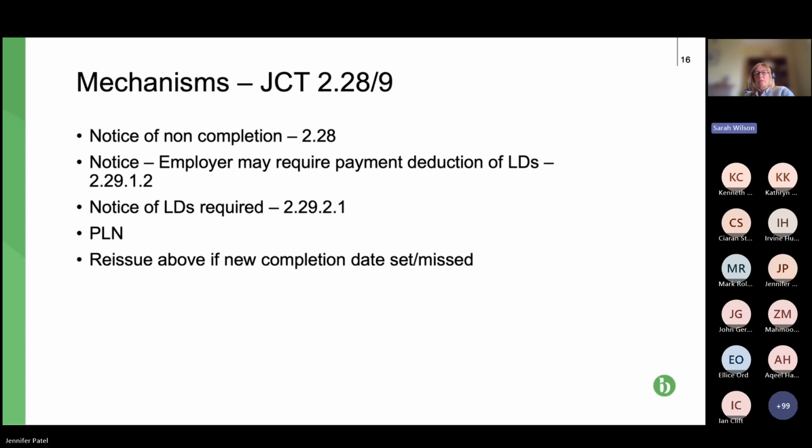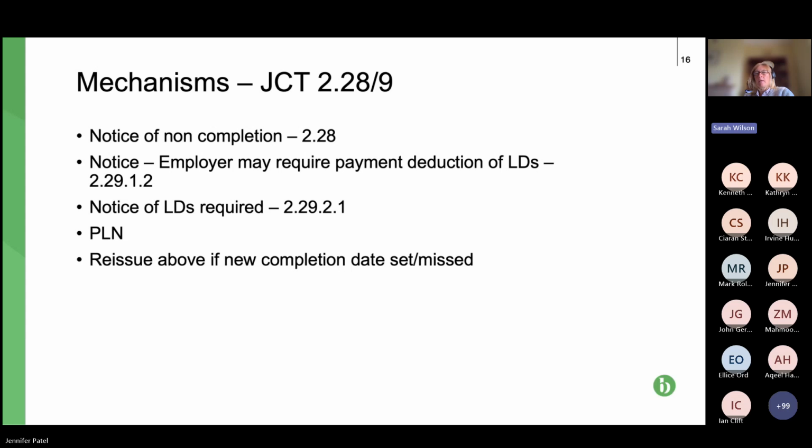You've also, the next bullet point, 2.29.1.2, got to issue, so the employer has to issue a notice stating that it will require the payment of the LDs. Further notice at 2.29.2.1, basically calculating the LDs, and then it needs to be deducted via a pay less notice. So quite onerous.